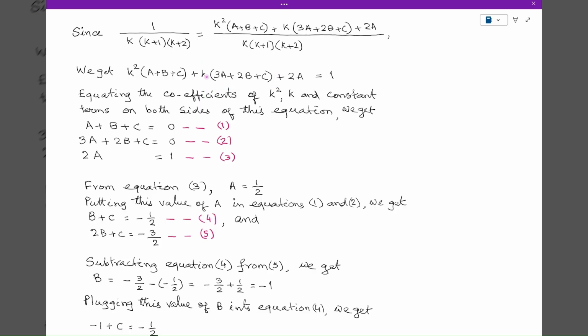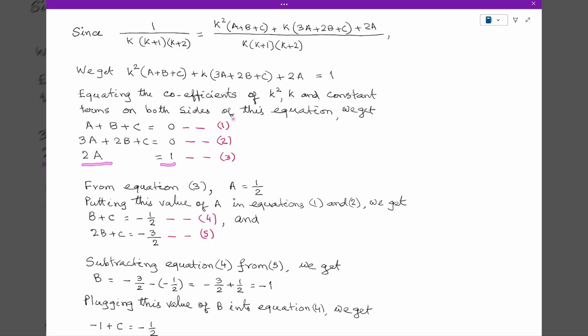And because k cannot be 0, we therefore get 3a plus 2b plus c is equal to 0. Finally, this is a constant, this is a constant, so this has to be equal to this. So we get 2a is equal to 1.